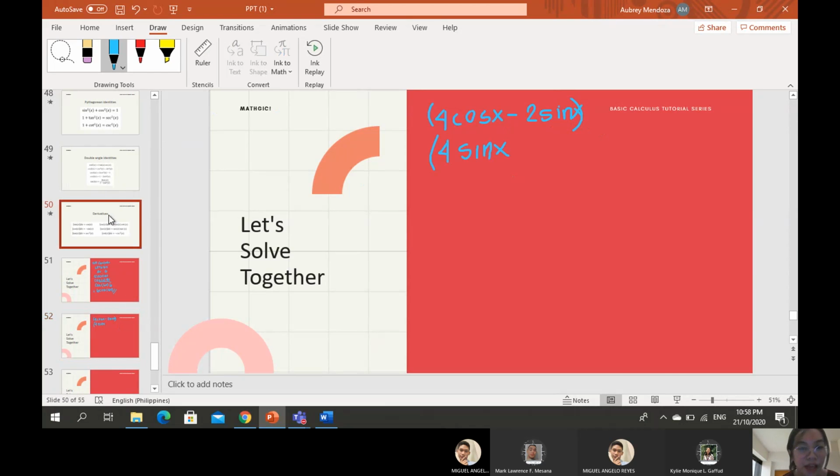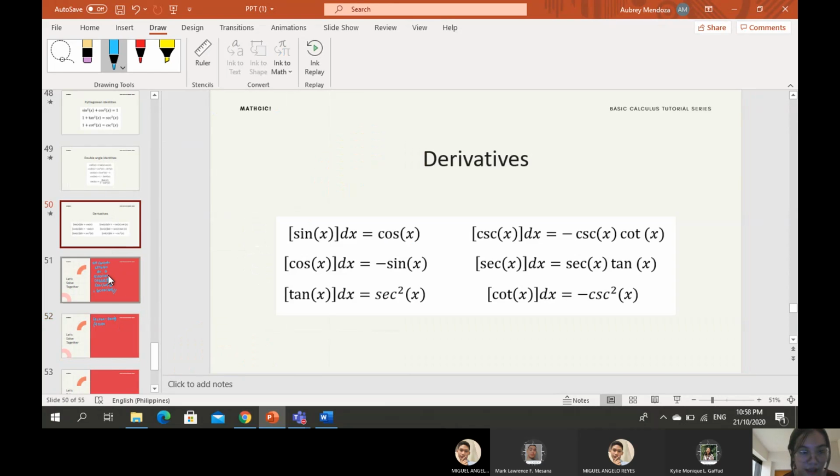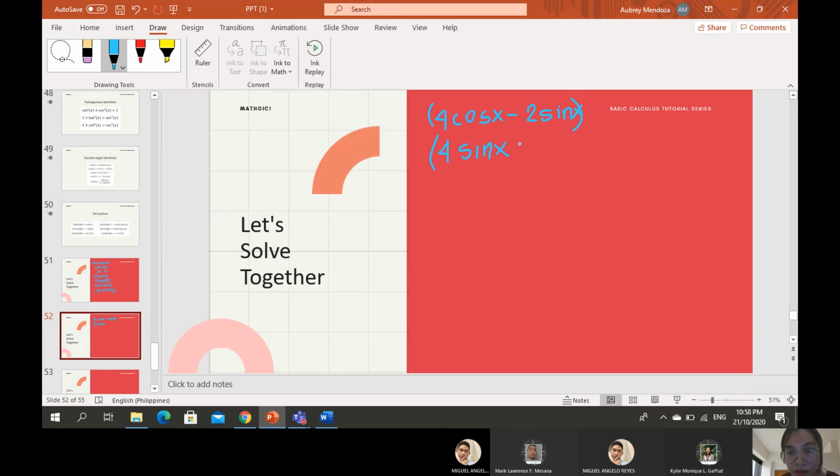So the derivative of sine x is cosine x. So plus 2 cosine x. So this is the final answer. There.